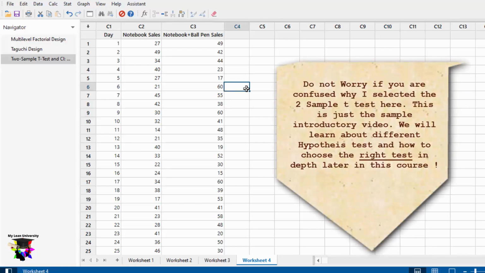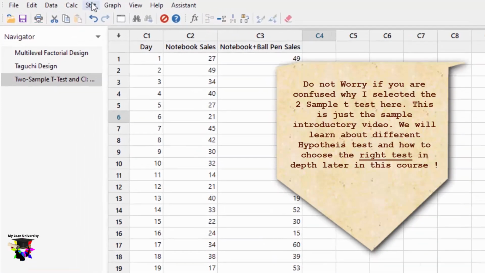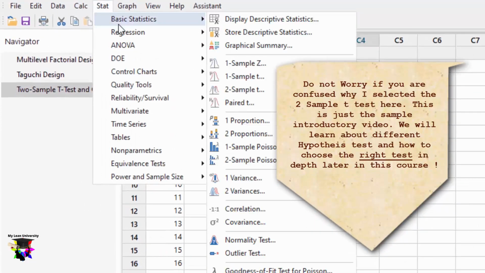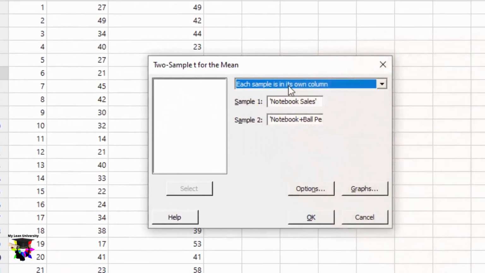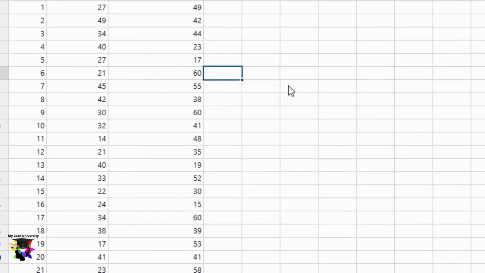I will explain how to perform the two-sample t-test in Minitab in much depth later in the course, but for now we can go to Stat, go to Basic Statistics and Two-Sample t-test, and then you can perform the two-sample t-test after following the lesson on it, and then you click OK.